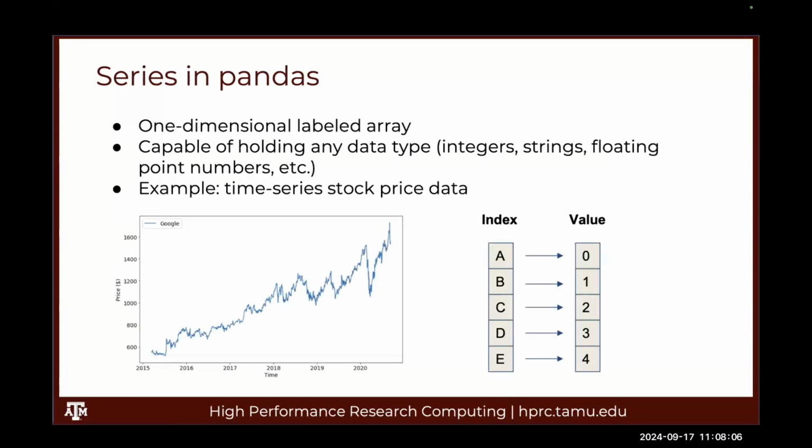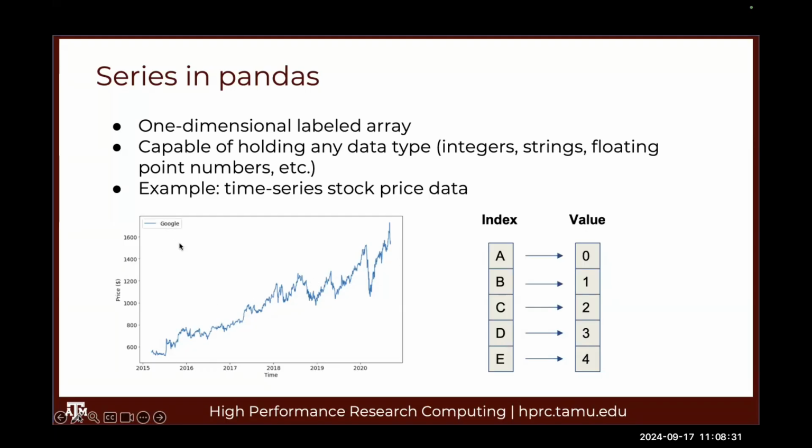This is an example about series. For example, this is the associated index. It can be A, B, C, D, and the values 0, 1, 2, 4. For the series, it can hold any data type, integer, strings, floating numbers. Here I give an example of time series stock price data.